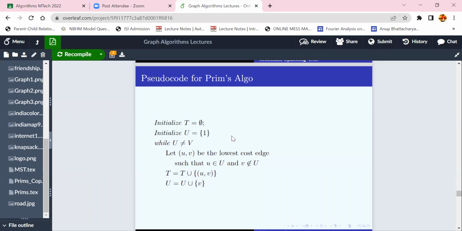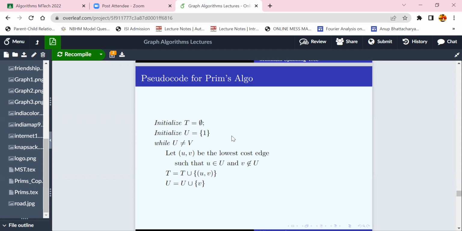Then if it is edge 1 to V, it will look for all the edges of V and also the edges of 1, and find the lowest cost edge that should not form a cycle.